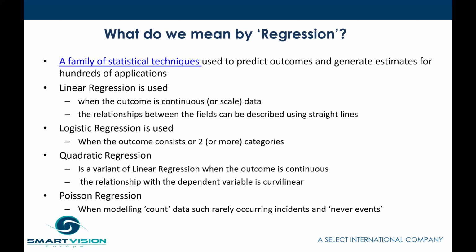That is data where you're trying to work out the probability of independent incidents occurring. So it's used in things like trying to model never events and things like insurance claims, how many insurance claims a policy is likely to make. Usually, with Poisson regression, you're talking about occurrences that occur typically less than 10 times across a given time frame.